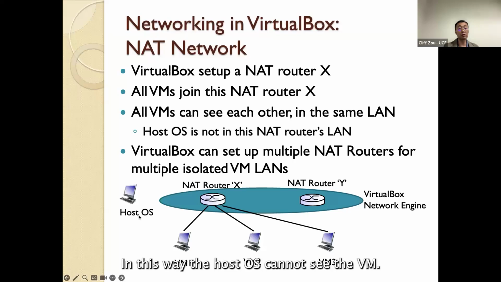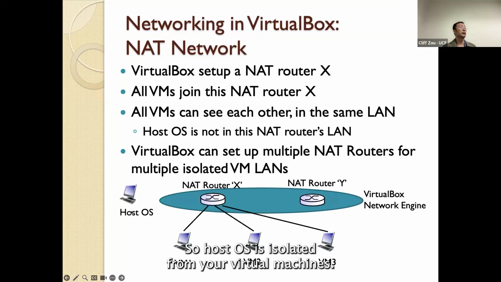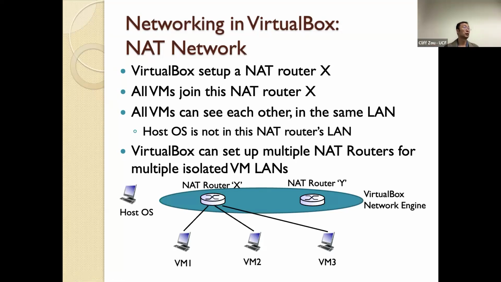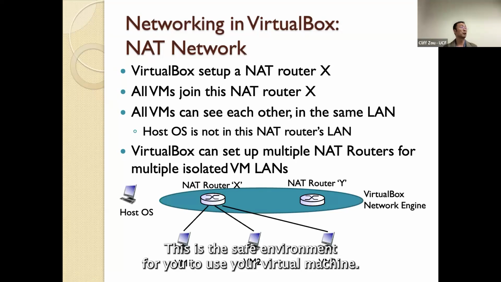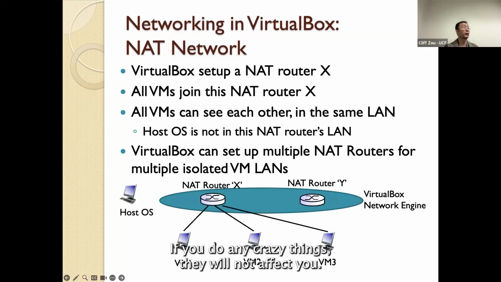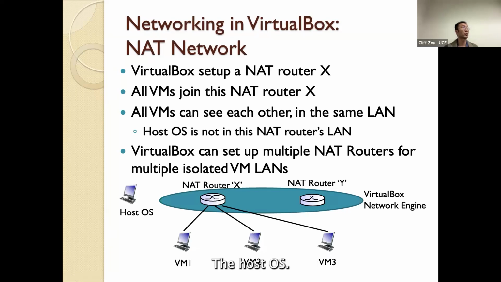The host OS cannot see the VMs, and the VMs cannot see the host OS. So the host OS is isolated from your virtual machines. This is a safe environment for you to use. If you do any crazy things in your virtual machine, they will not affect your host OS.